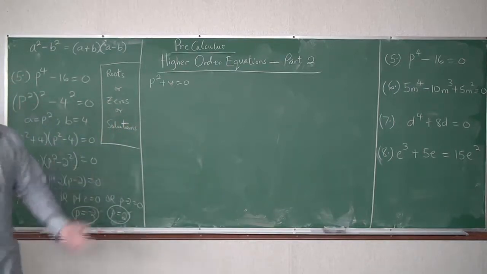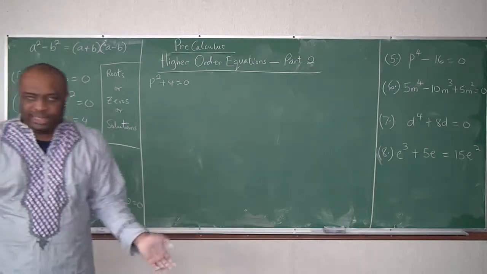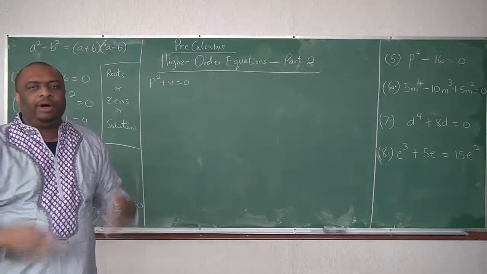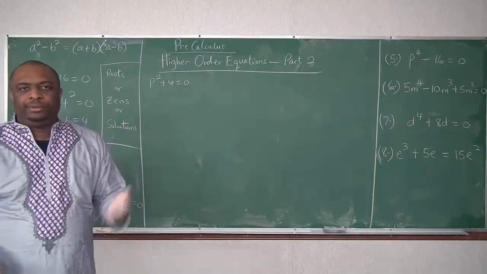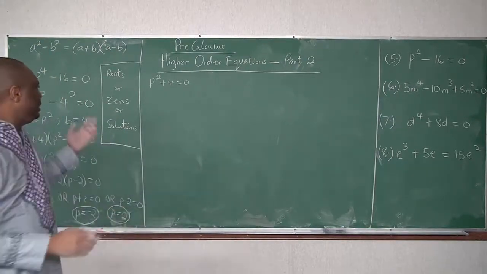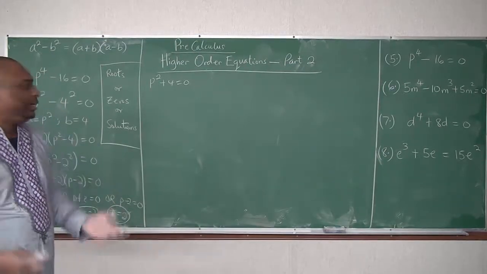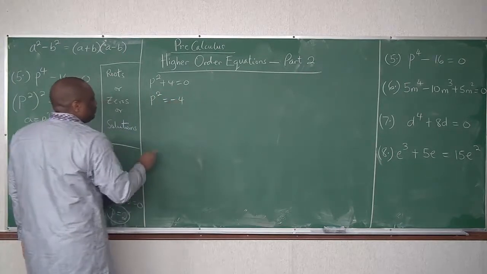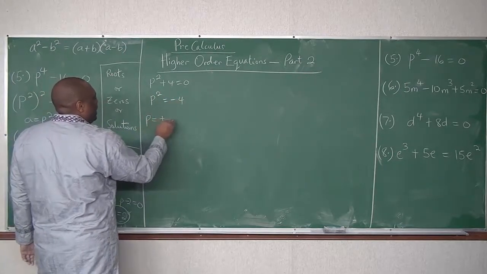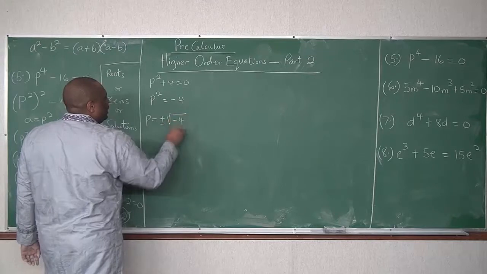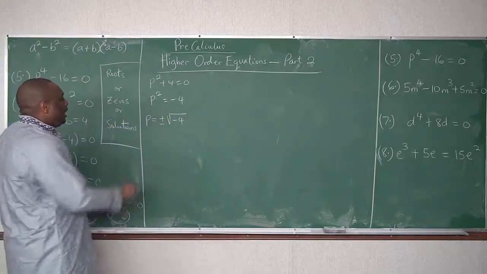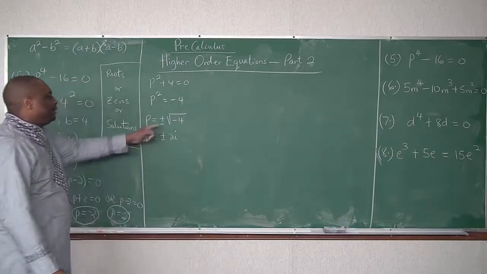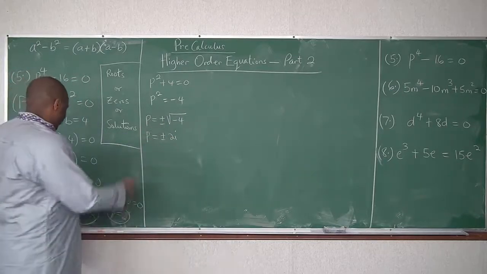So if the question says find all zeros, both real zeros and imaginary zeros, or find all roots, real roots and imaginary roots, then you have to find them. Here p squared equals negative 4, so p will be plus or minus the square root of negative 4, which is plus or minus 2i. Remember, this is complex numbers.